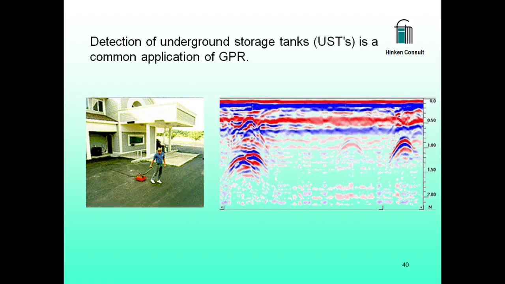Let's look at two examples. Here, the position of an underground storage tank below a lawn is searched. The test shows a combination of hyperbolas here and horizontal lines, which result from lumped or elongated reflectors and different ground layers.